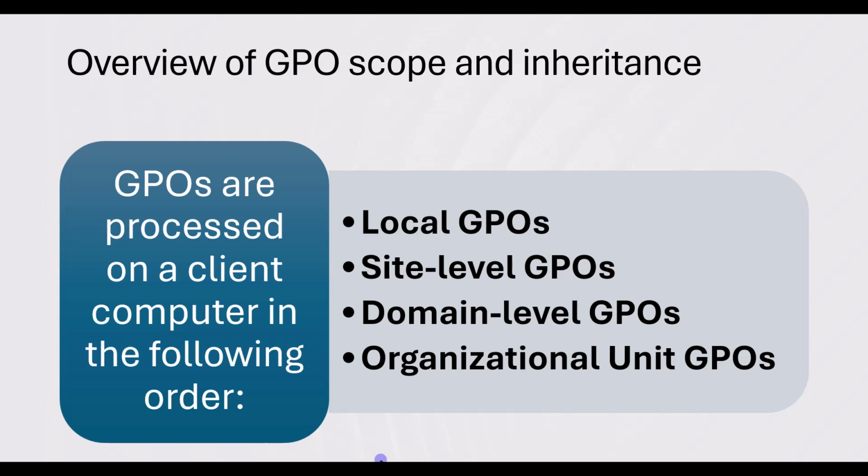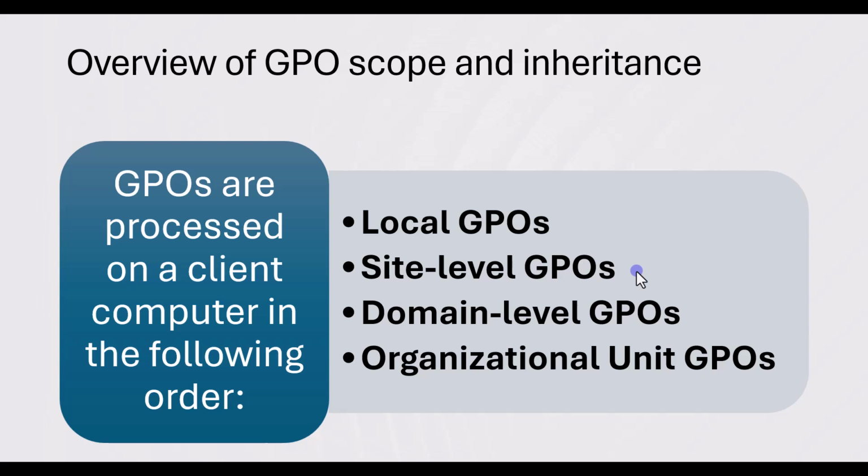Let's use a typical example. For instance, if the local GPO is saying that users can have a certain level of access to the control panel, it doesn't block every access, it blocks some aspects of the control panel. And then the site level GPO is saying to block every aspect of the control panel.